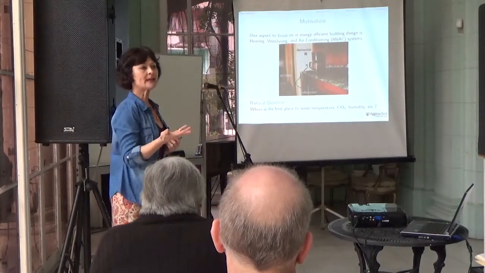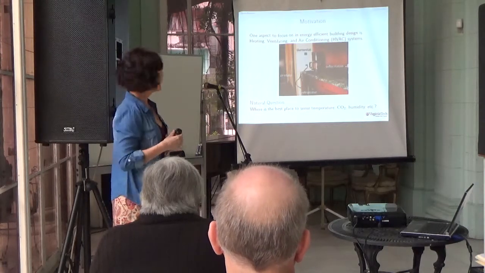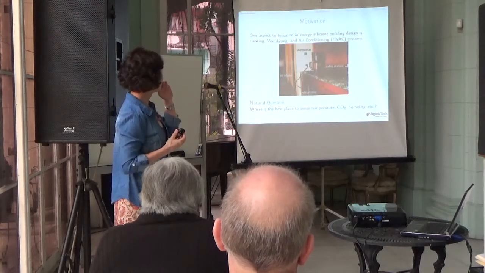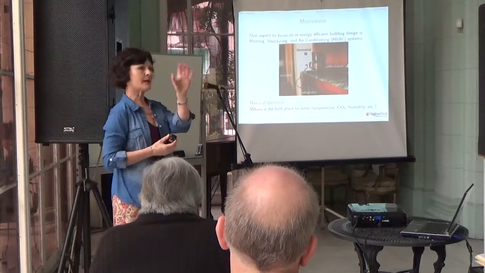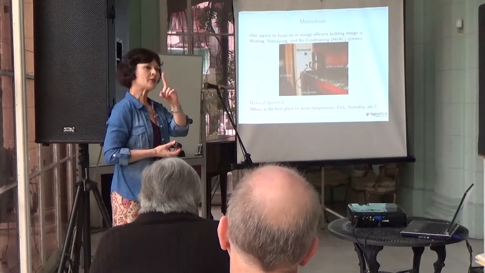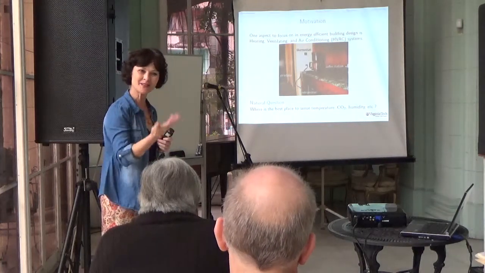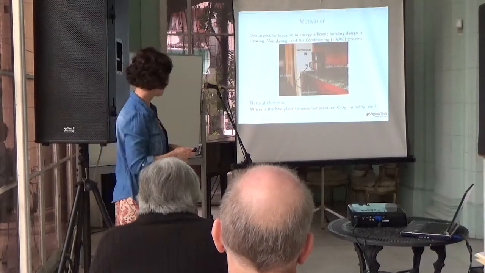The only thing that we can do is to sense it at a few locations. So the question that I'm talking about is, where should I place my thermostat? I may have one, and from that one reading, decide what's happening in the rest of the room. So that's the physical constraint.